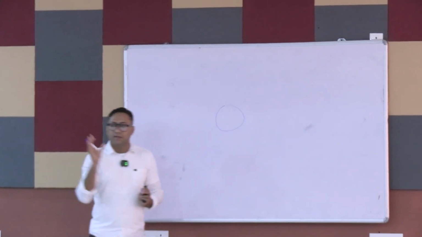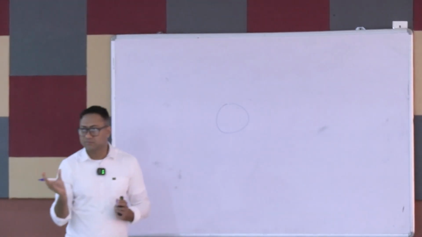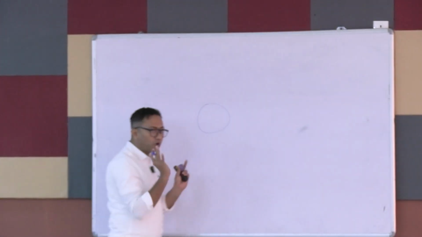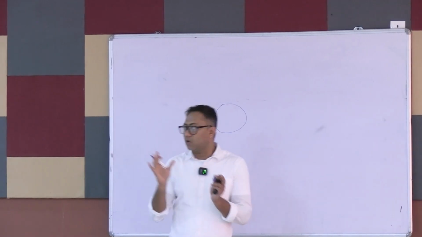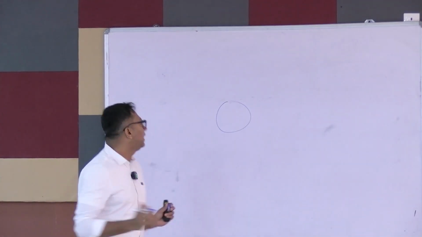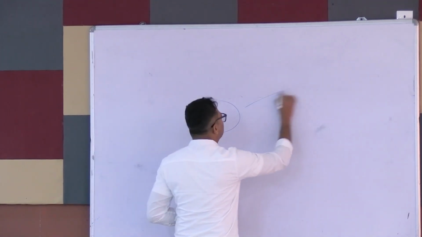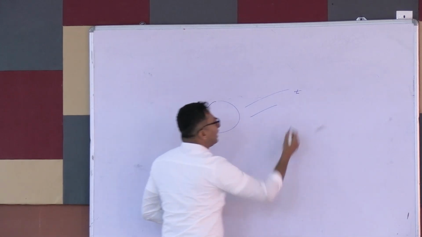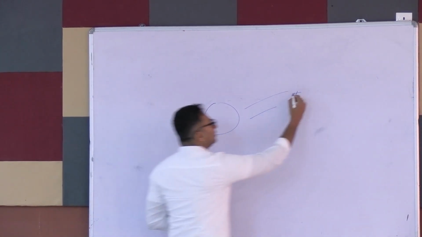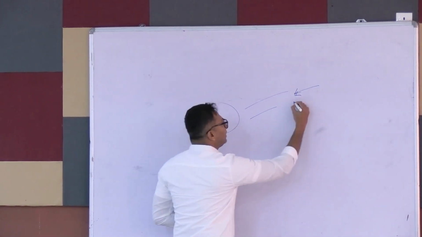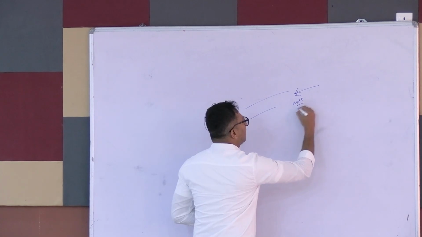So it has got an internal pressure. Intra-organ pressure, we are calling it. And we have got blood supply to this organ, and this blood supply is happening because of mean arterial blood pressure.